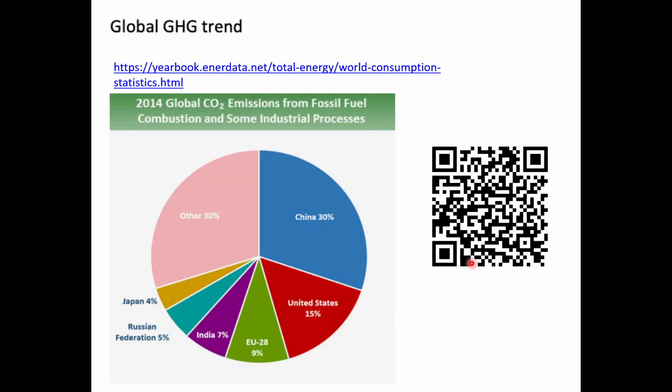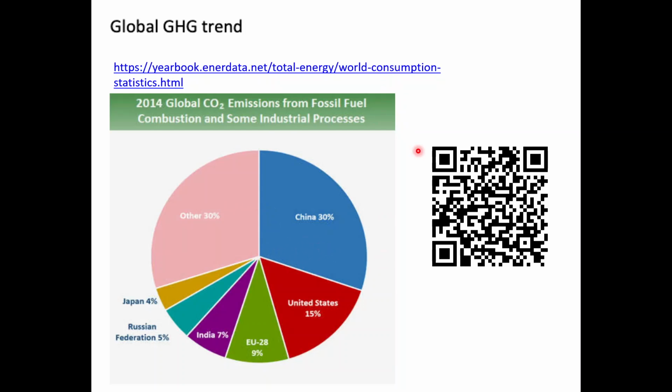Now, where, or maybe who, is doing the polluting? For many years, it has been the Western countries, particularly the United States. And I believe in 2012, China took over the U.S. as the number one polluter of CO2 emission.